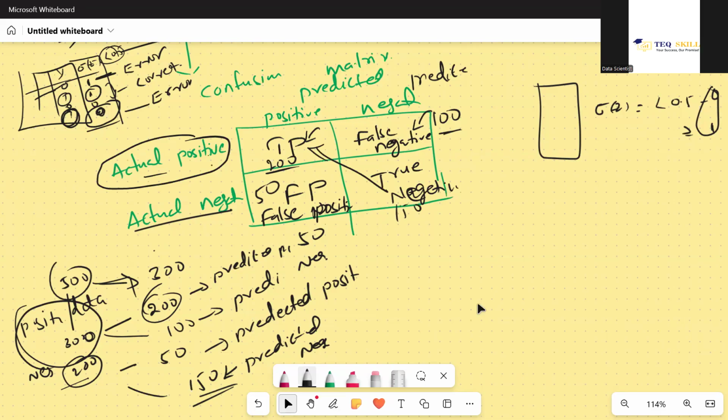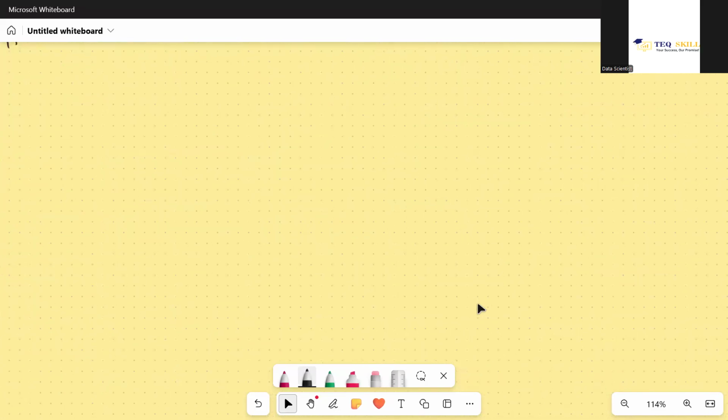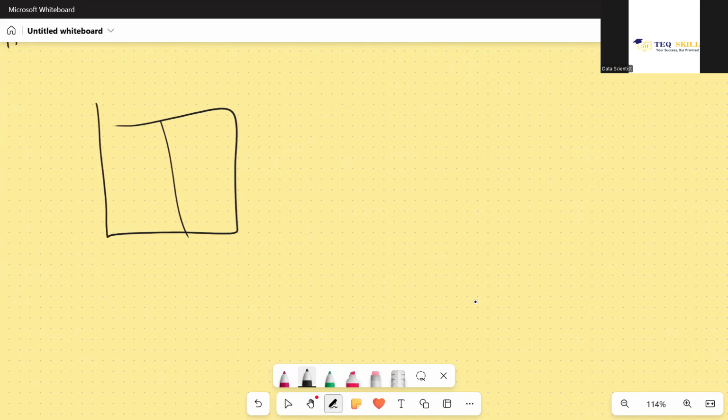This is how the matrix looks. Based upon your actual and predicted data points, the confusion matrix will be generated. Any questions, guys?